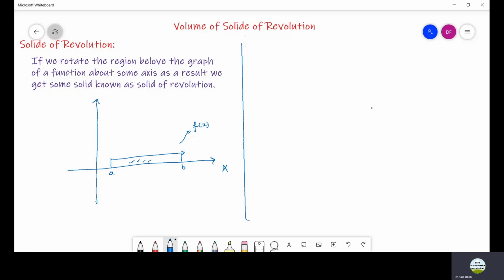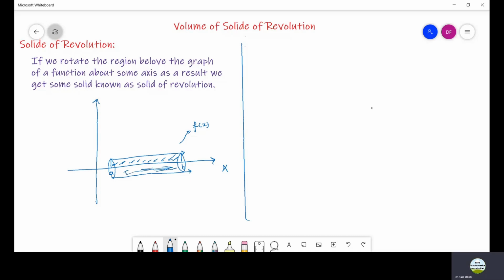Now, if we rotate this region about the x-axis, as a result, we get some solid thing like this one, and that thing is called solid of revolution.